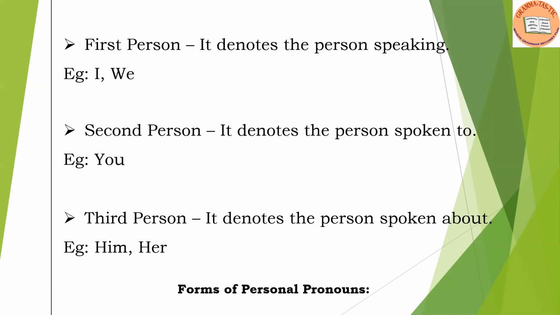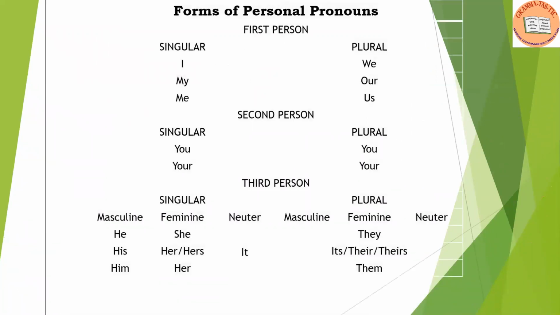Then let us look at the forms of personal pronouns. As you can see on the chart, it has been divided into the 3 persons, first person, second person, and third person, and singular and plural. In the first person singular, if I say I, then in plural it becomes we. My becomes our, me becomes us. In the second person, you remains you in both singular and plural, and your also remains your.